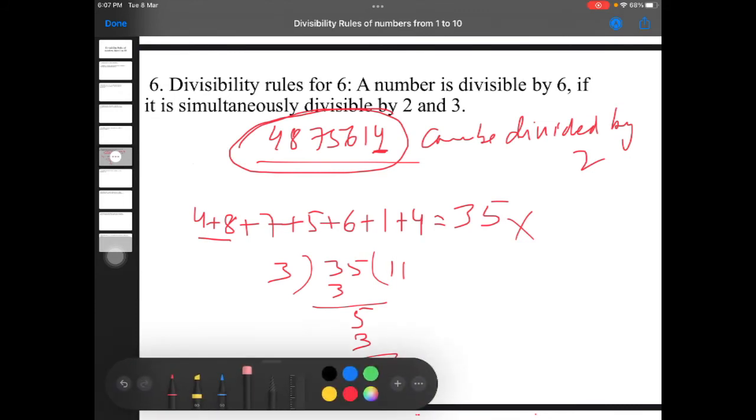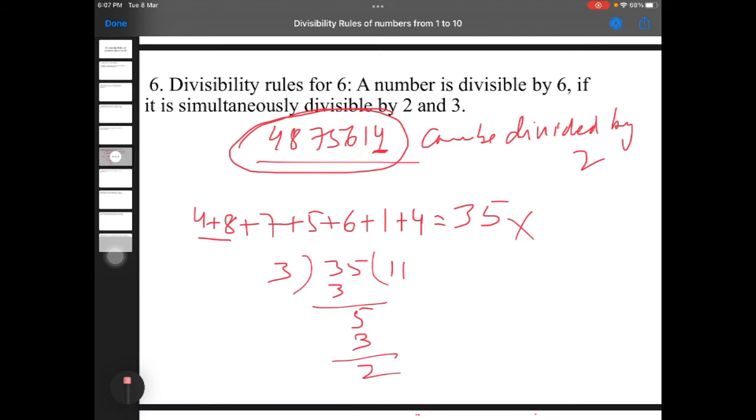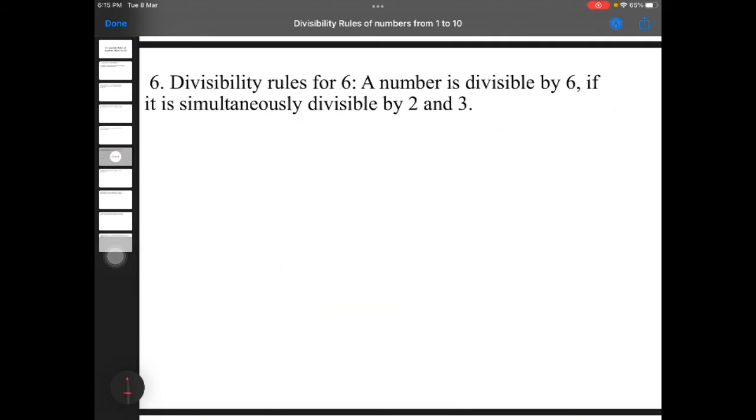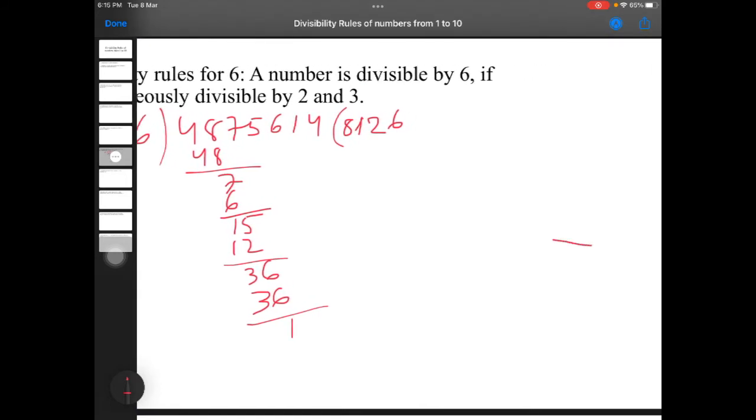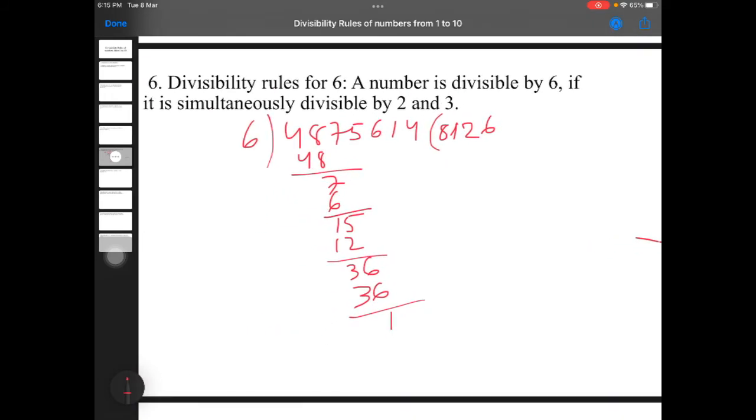Let's check this number by long division to see whether it can be divided by 6 or not. 4875614. We go with 48, 6 times 8 is 48, then 7 comes down, 6 times 1 is 6, remainder 1, then 5 comes down, 15, 6 times 2 is 12, remaining 3, then 6 comes down, 36, 6 times 6 is 36, 0, then 1 comes down, 0, then 4 comes down, 6 times 2 is 12.